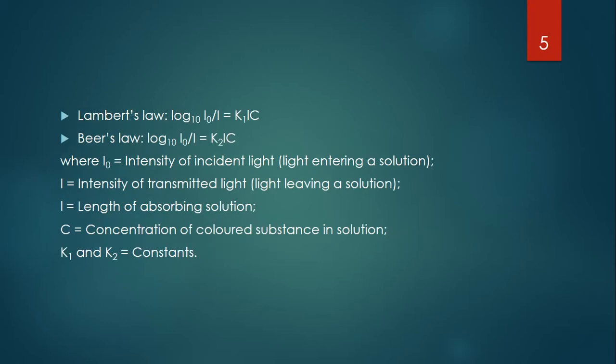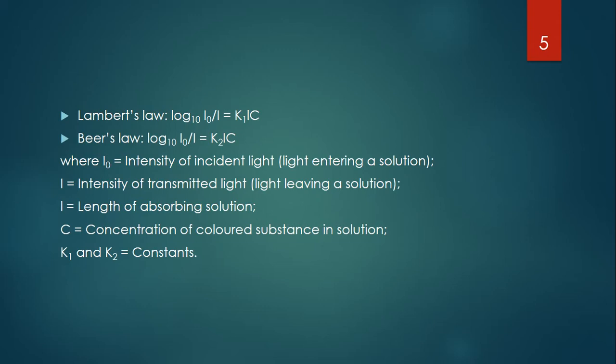So as per Lambert's law, log to the base 10 of I0 upon I is equal to K1 into L into C. And as per Beer's law, log to the base 10 of I0 upon I is equal to K2 into L into C. So let us see the terms. I0 is intensity of incident light, that is the light which is entering our solution. I is the intensity of transmitted light, that is light leaving the solution.